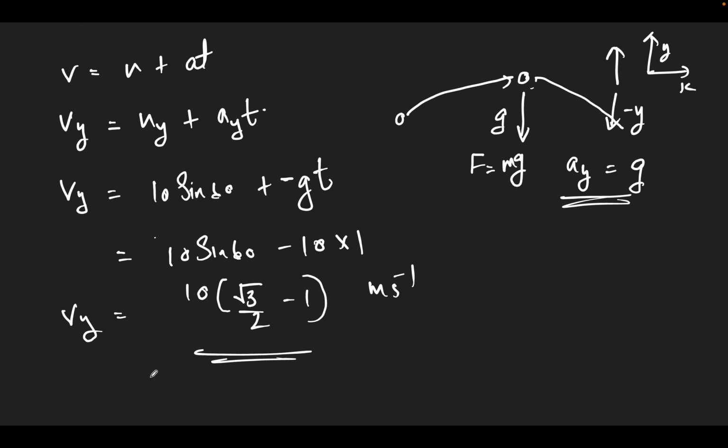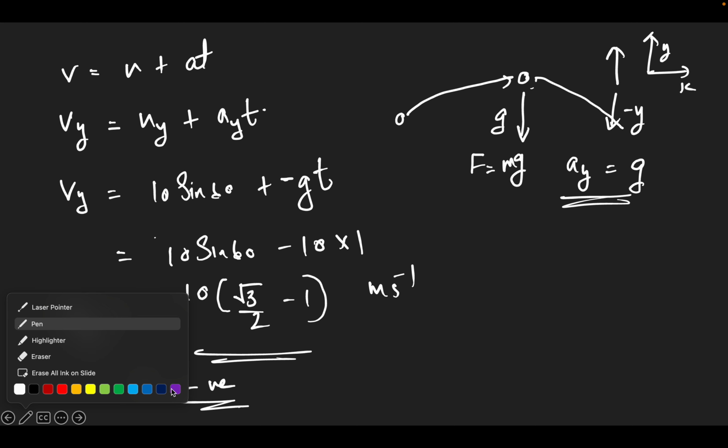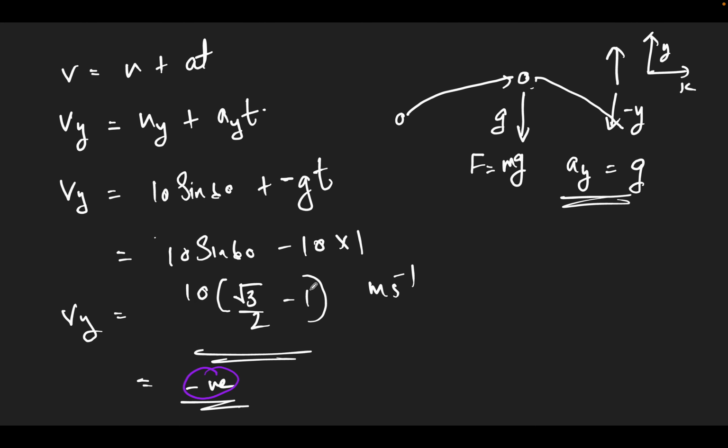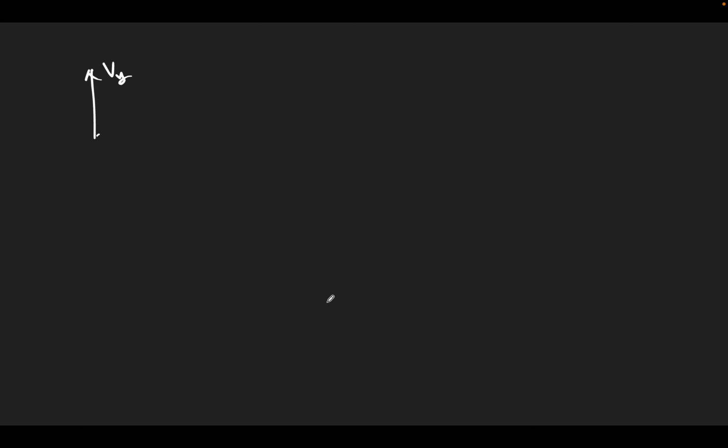So root 3 by 2 minus 1 happens to be a negative value. That means our Vy is in which direction? Vy is in the minus y direction, the negative y direction. So Vy is this, and Vx is the positive value 5. So this must be Vx.